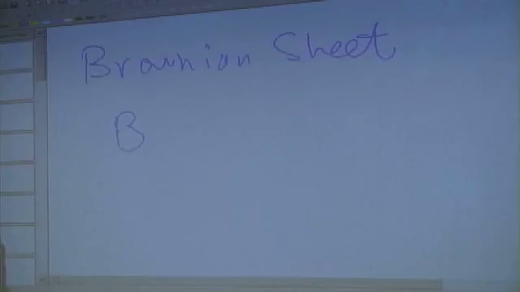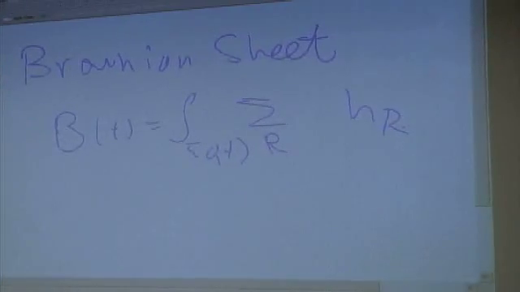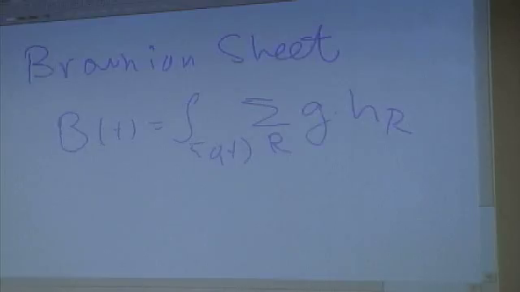In particular, the Brownian sheet at time t is an integral from 0 to t of a Gaussian white noise. And the Gaussian white noise can be formed by summing over dyadic rectangles R of a Haar function indexed by R times IID Gaussian random variables.